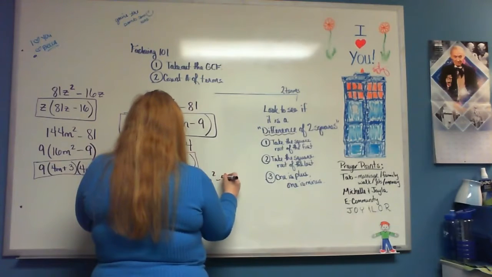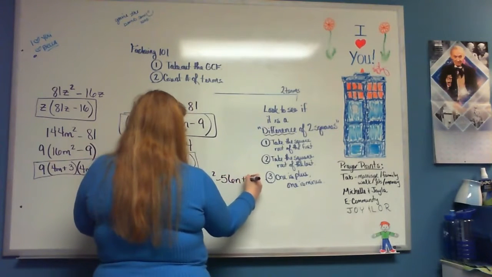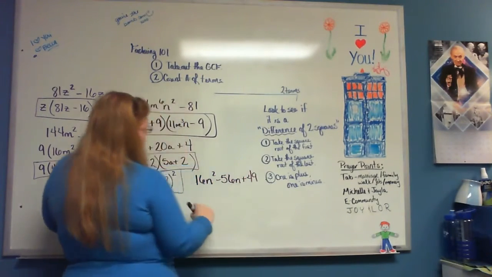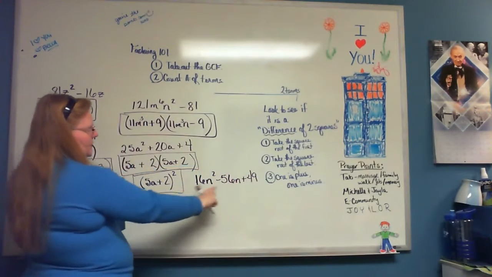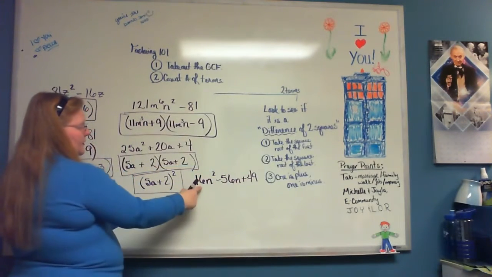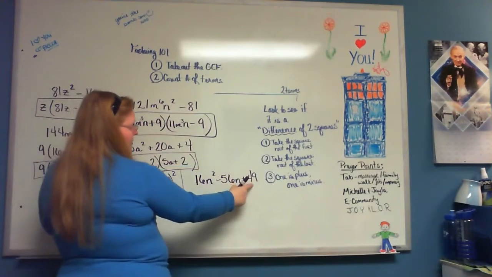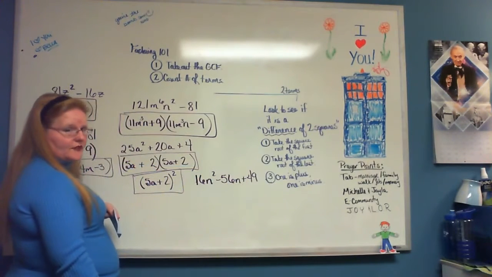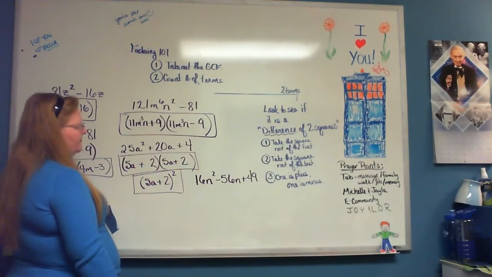16n squared minus 56n plus 49. You notice in a perfect square trinomial, that's what this is, that this has a perfect square and that is a perfect square. Did you notice that? Yep. That's right.